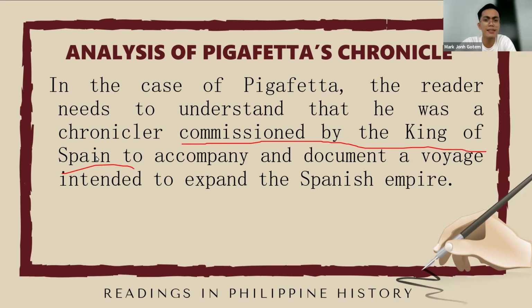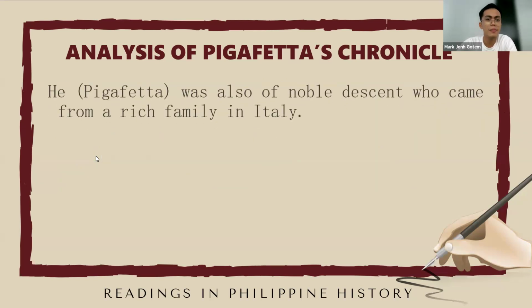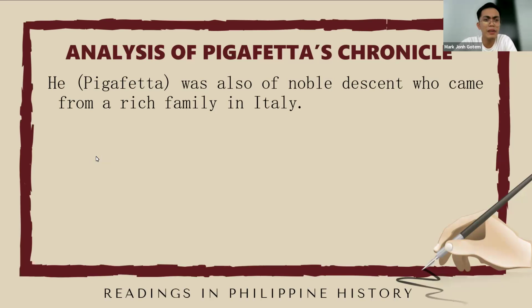Next is that Pigafetta was also of noble descent, who came from a rich family in Italy. So Pigafetta was from Italy, and of course, Pigafetta belonged to the nobility.